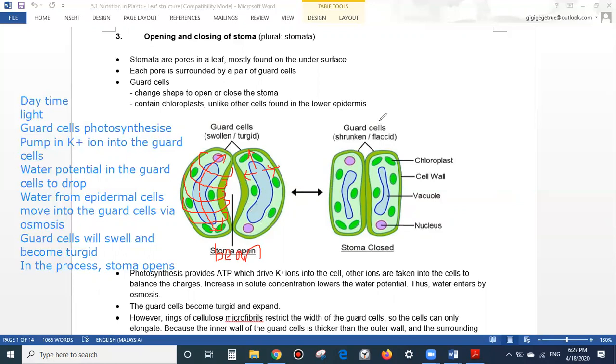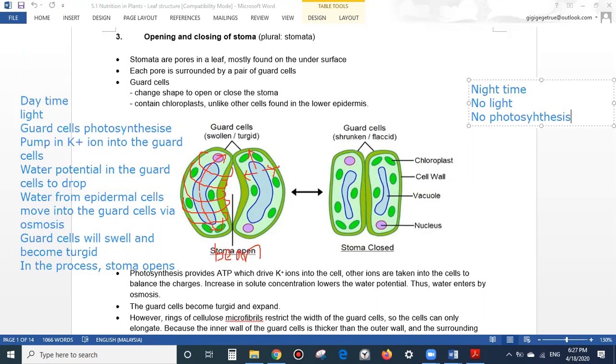Okay, next, let's take a look at during nighttime. During nighttime, there is no light. Hence, there will be no photosynthesis in the guard cells.